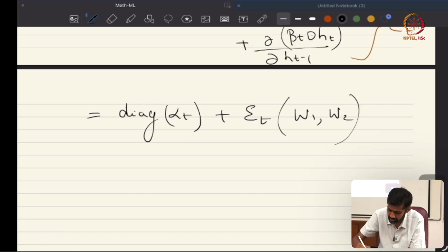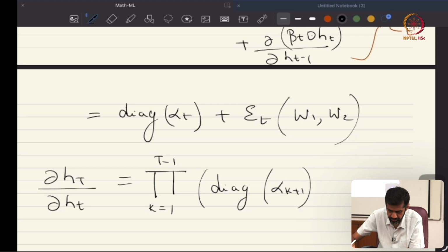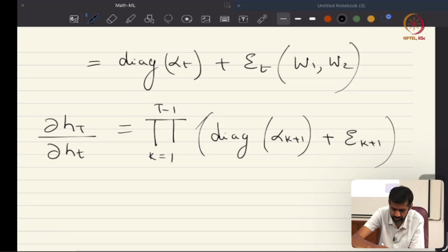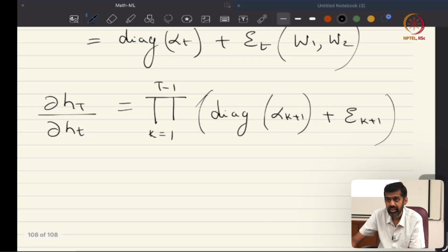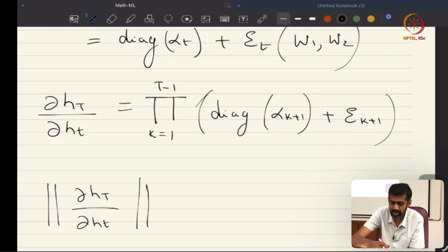Now when I take the derivative of the last state with respect to any time step t, which will now have the products of plus this term, right? Now if I do Cauchy-Schwarz and look at the norm of this, what will happen?